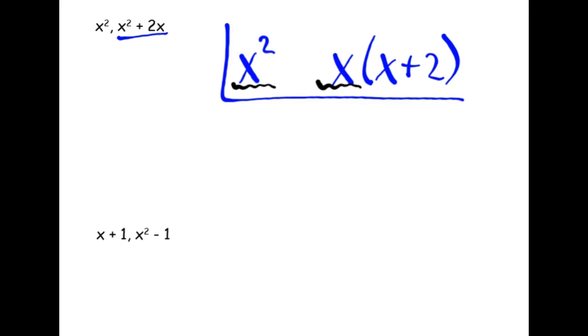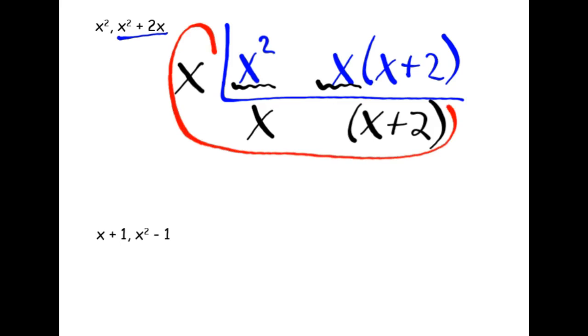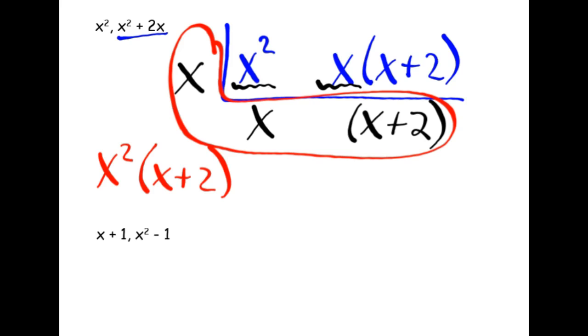So what do x squared and x have in common? They have an x. If we take that out, we're left with x. Over here, we're left with x plus 2. That's all we can do because x and x plus 2 don't have any factors in common. So when we multiply along here, we have x times x is x squared times x plus 2. So x squared times x plus 2.